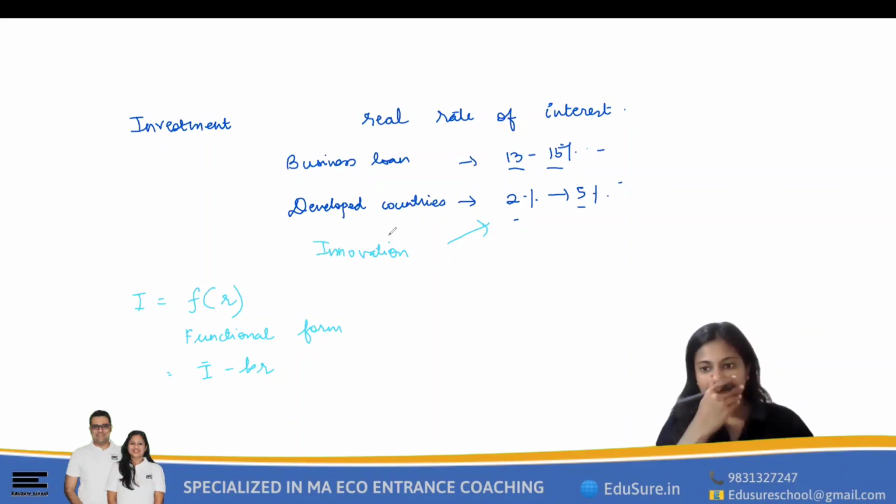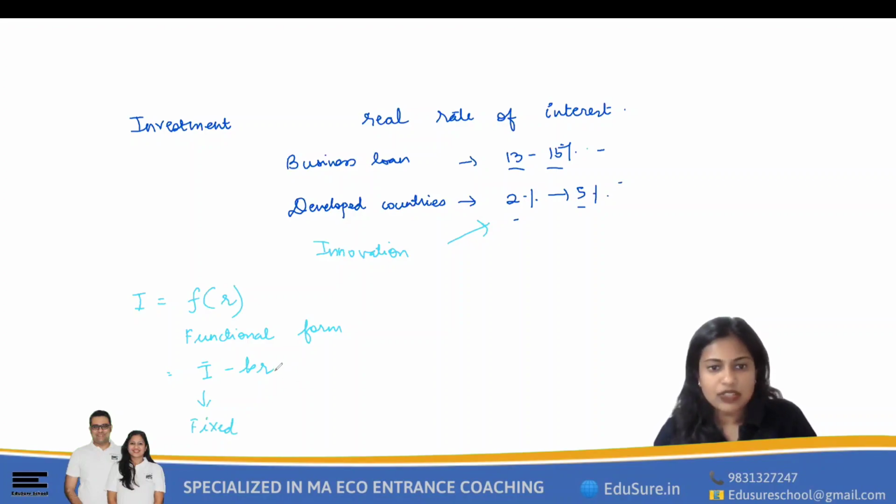So the very simple functional form is that investment has this I bar constant value and then minus BR. This is the fixed amount of investment independent of the rate of interest.